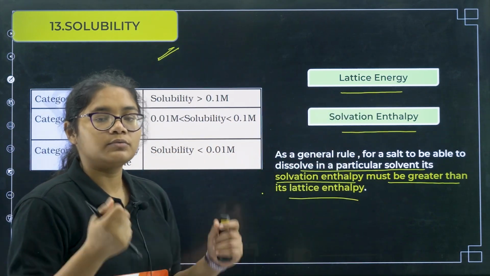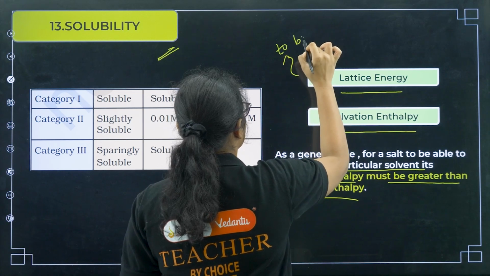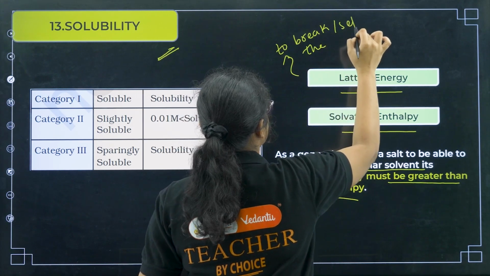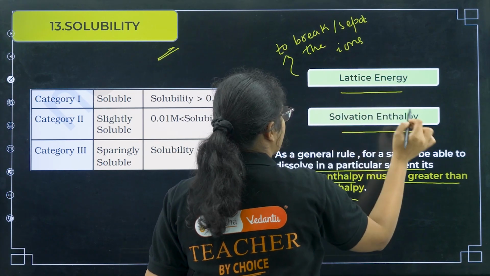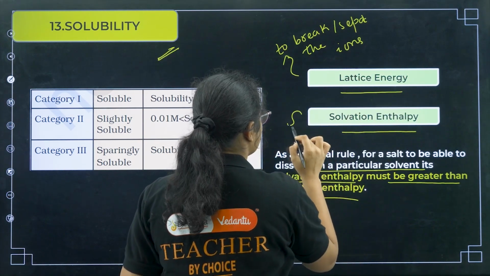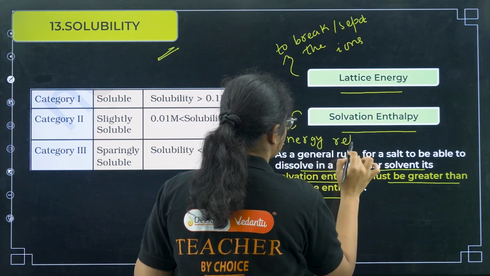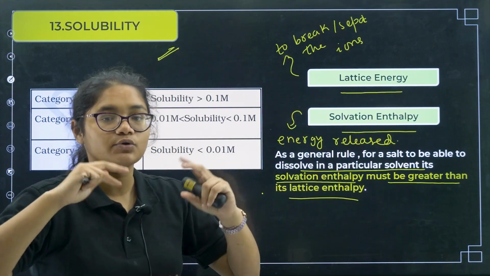Lattice enthalpy is the energy required to break or separate the ions, and solvation enthalpy is the energy released when the ions get solvated.